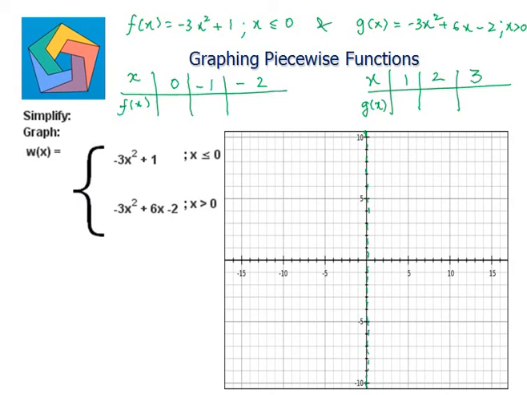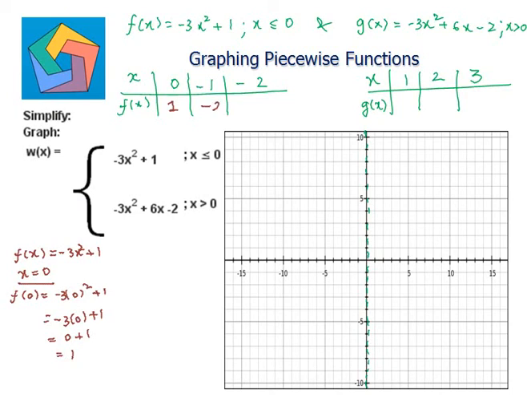So f of x is negative 3x squared plus 1. If x is 0, f of 0 will be negative 3 times 0 squared plus 1, which is negative 3 times 0 plus 1, 0 plus 1, which is 1. Similarly, at negative 1 it will be negative 2 and at negative 2 it will be negative 11.